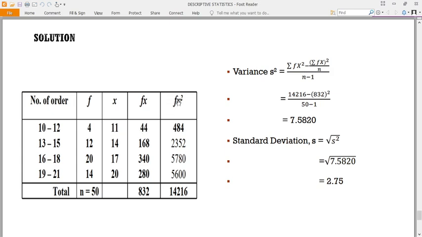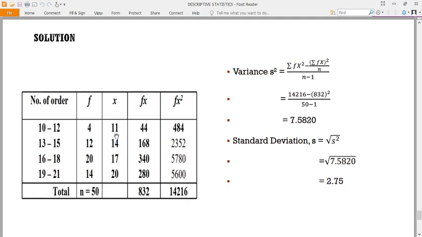Please take note of that. For the summations, this is summation f of x, this is summation f of x squared. Please take note here, for this last column, you first square x, then multiply it by f.